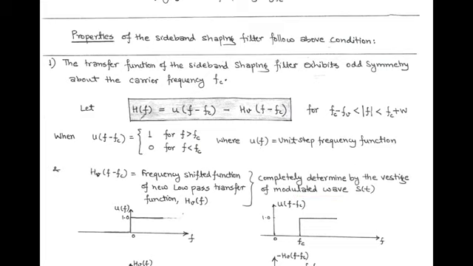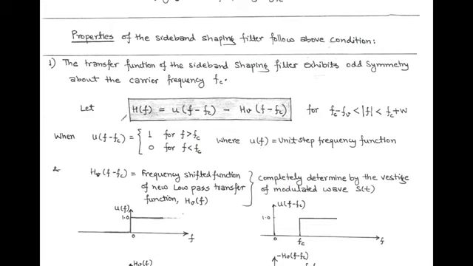So according to the first property, the transfer function of the sideband shaping filter must exhibit odd symmetry, and this odd symmetry is given by the second term, which totally depends upon the vestige of the VSB signal.